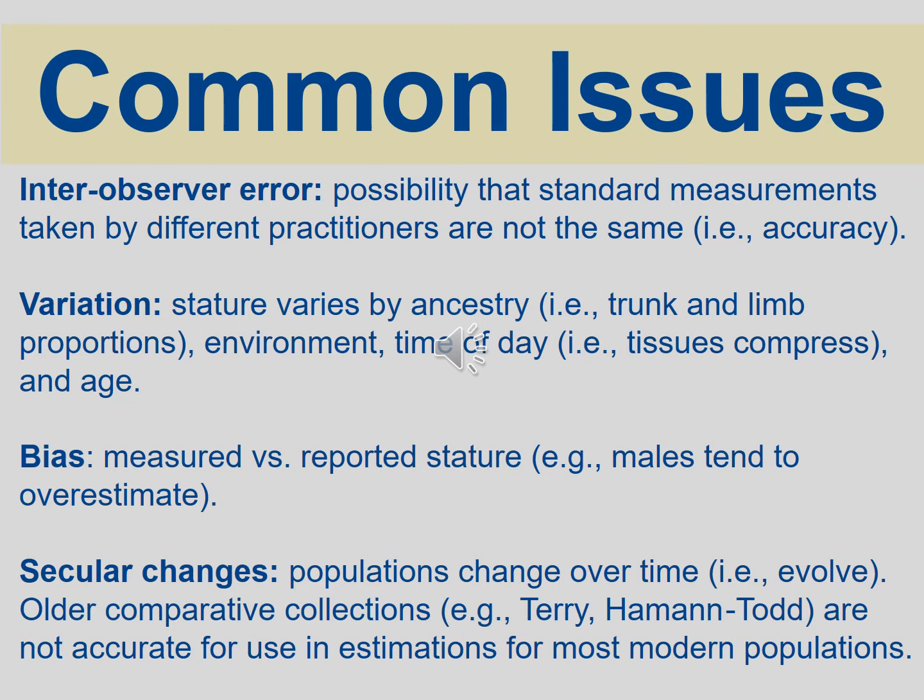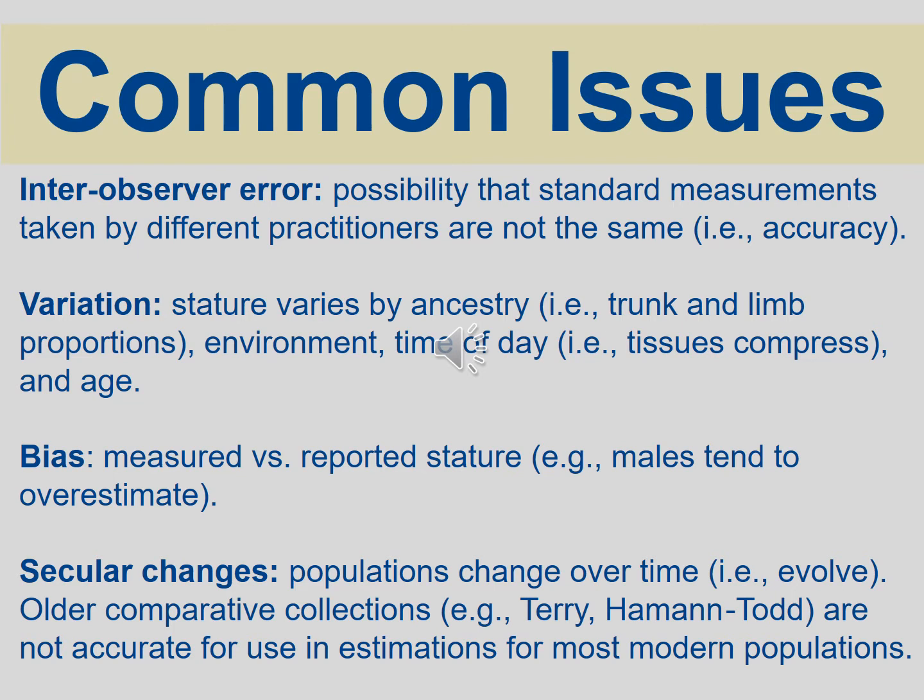That would also mean that there's a greater contribution of the trunk than the leg length. And this is why you need to make a determination of ancestry before you actually use a stature equation based on, for instance, a long bone.